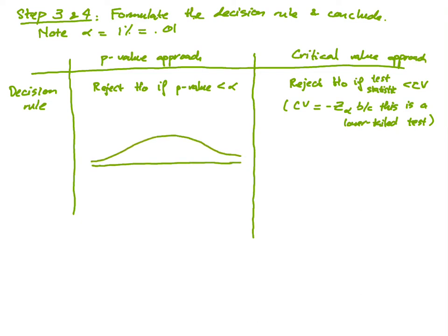If you draw the normal distribution and put the test statistic right here of negative 2.67, then the area to the left of the test statistic is the p-value. How do you find that area? All you need to do is go into the z table, look for negative 2.67 on the margins, and then find the probability in the interior.